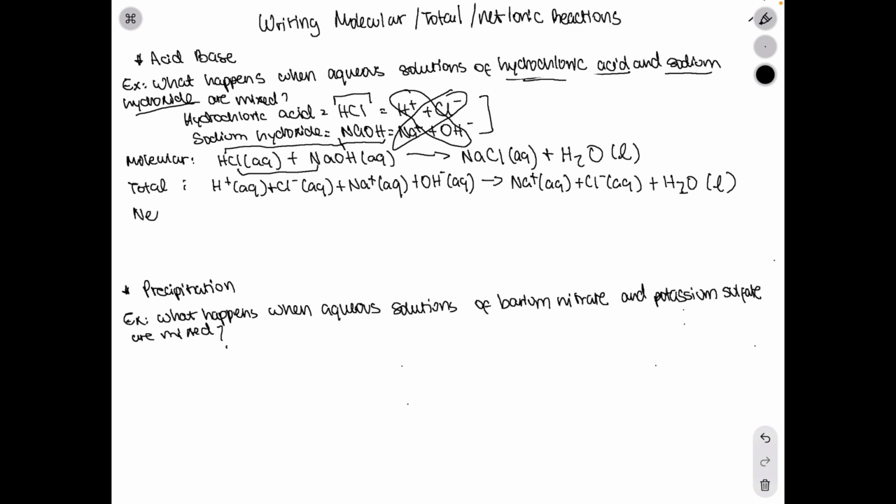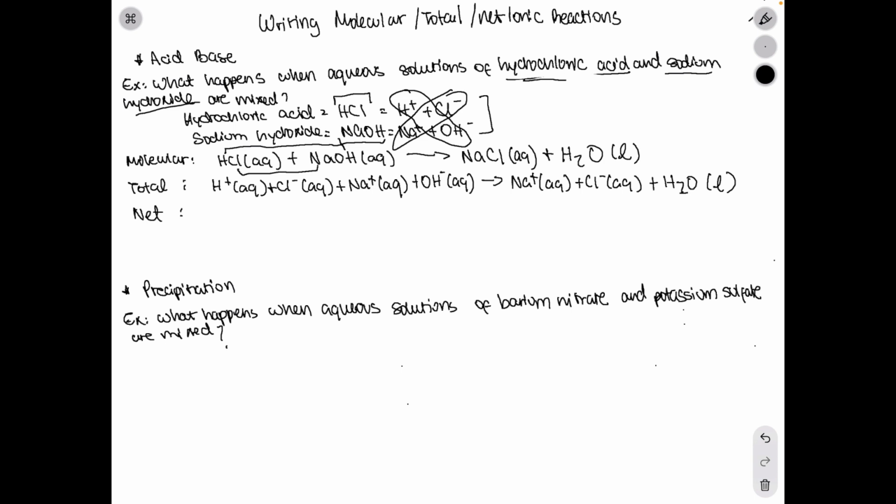Then we're going to calculate the net ionic equation. You list all species in the reaction, but you remove the spectator ions. Spectator ions are the ones that do not change.